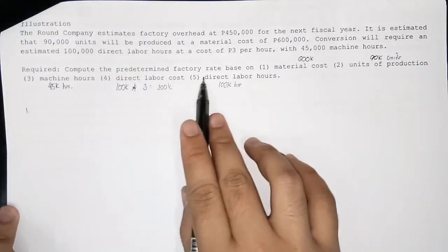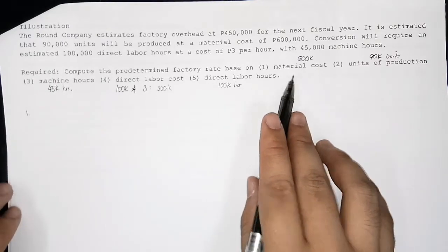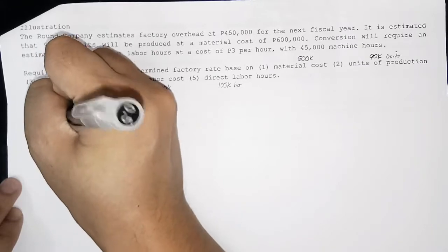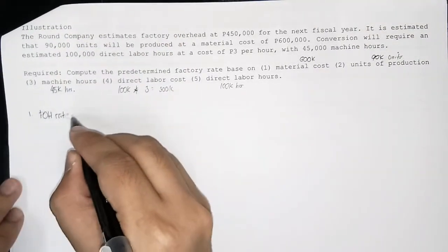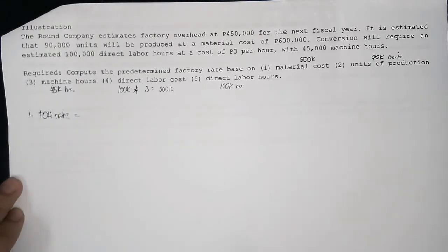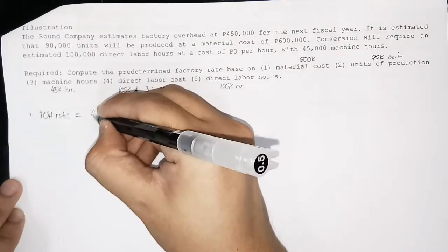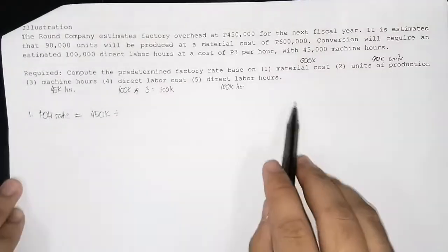Okay, number 1. Compute the predetermined factory overhead rate based on material cost. So, factory overhead rate is equal to total factory overhead, which is 450,000, divided by, syempre saan siya nakabase?